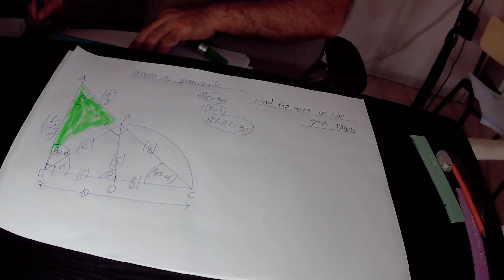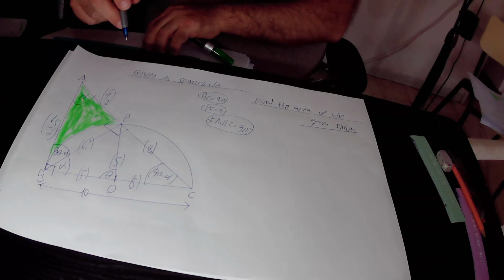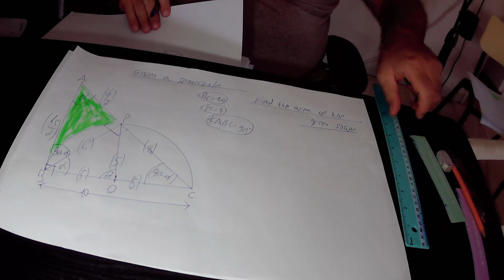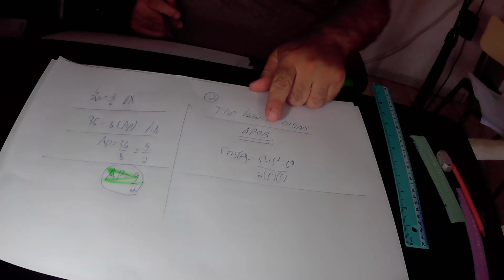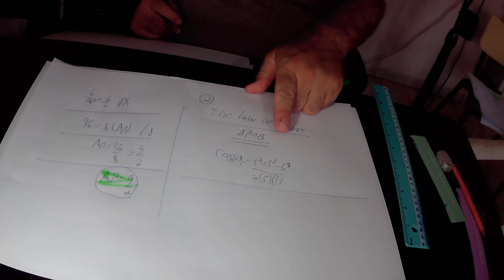So repeat again, according to the law of cosines, in triangle POB, the following equation is true, that cosine theta equals 5 squared plus 5 squared minus 6 squared over 2 times 5 times 5.